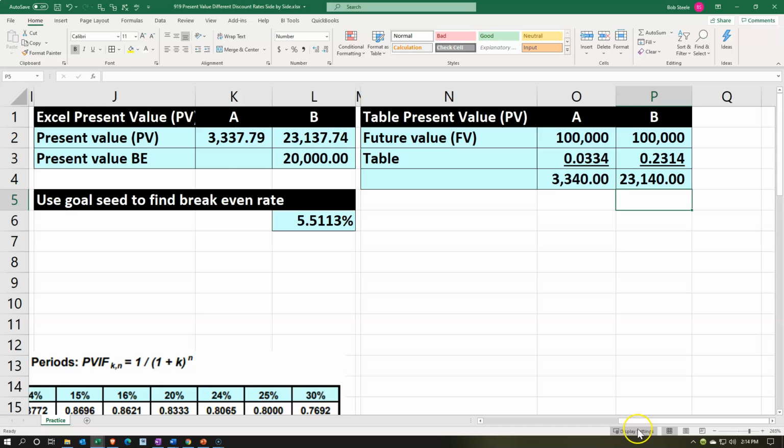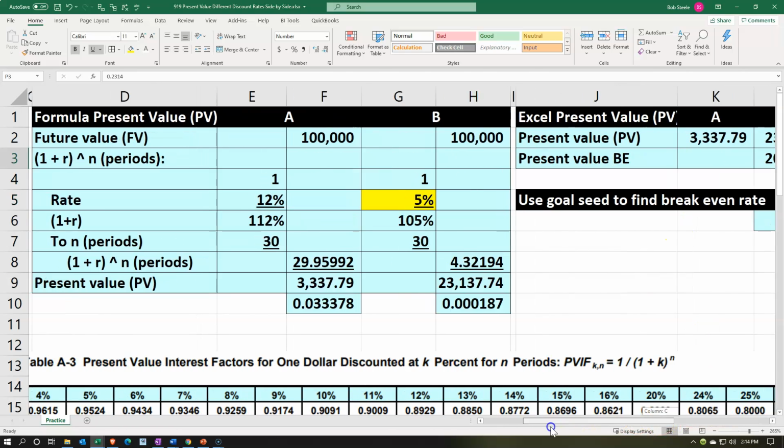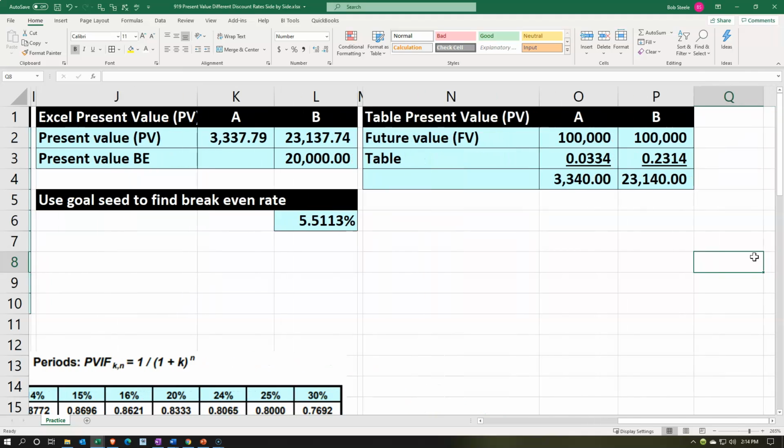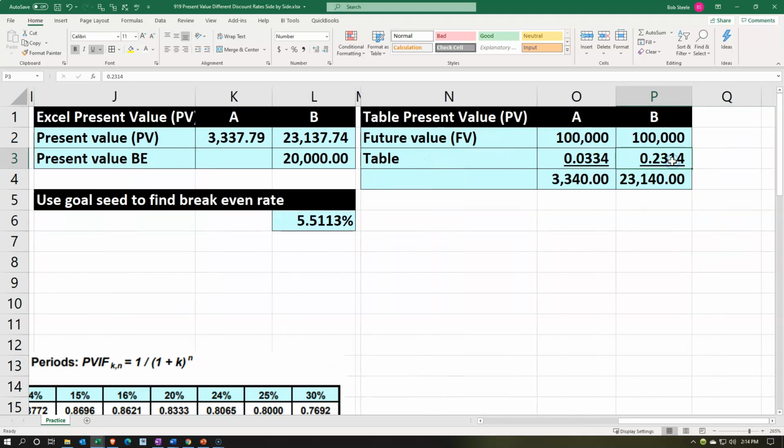Again, it's a little bit different than this number here due to the fact that it's rounded 2314, as opposed to over here, let me recalculate this amount here because I don't think I picked it up. It's going to be this number divided by this number would make it 0.231377 instead of rounding it to 2314.